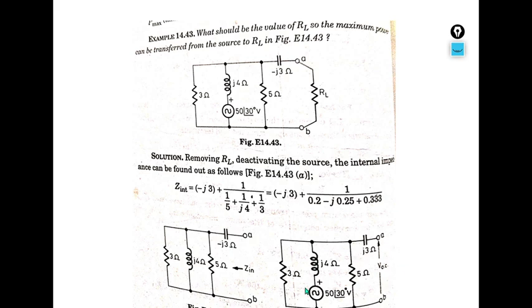Another way is to go through the same mesh analysis that you know. You solve it and find it out. What I suggest is that you try these three methods, so that in one problem you practice different solution methods. Sometimes you have to apply the current division rule, and it will help you.